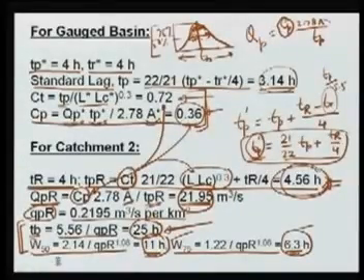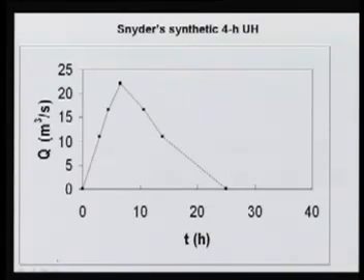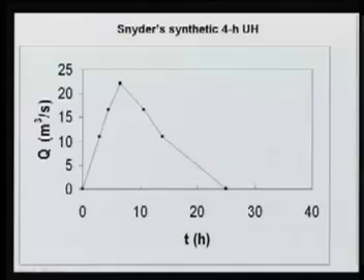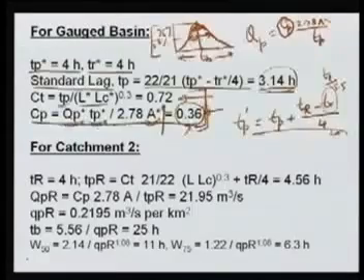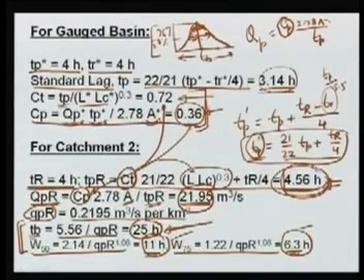we can plot a few points and then join them by a smooth curve to obtain the synthetic unit hydrograph. In this case, 0 and 25, these two are based on the time base of 25 hours. Then we have the peak, which should be 4.6 hours from the center of the rain.